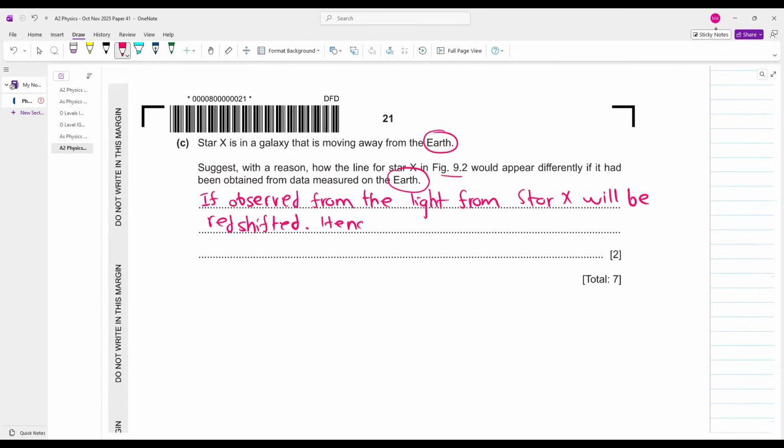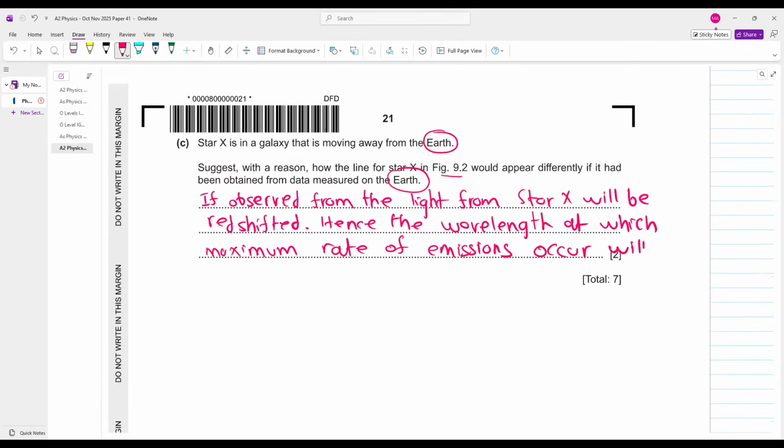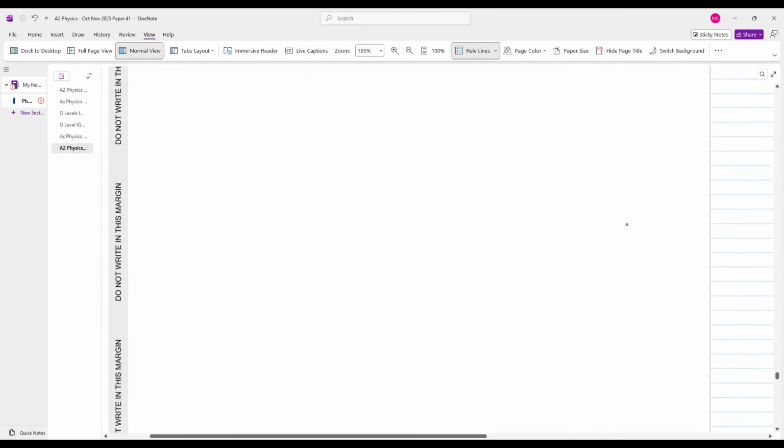Hence, the wavelength at which maximum rate of emissions occur will be greater. The wavelength at which the maximum rate of emission occurs will be greater due to the redshift.